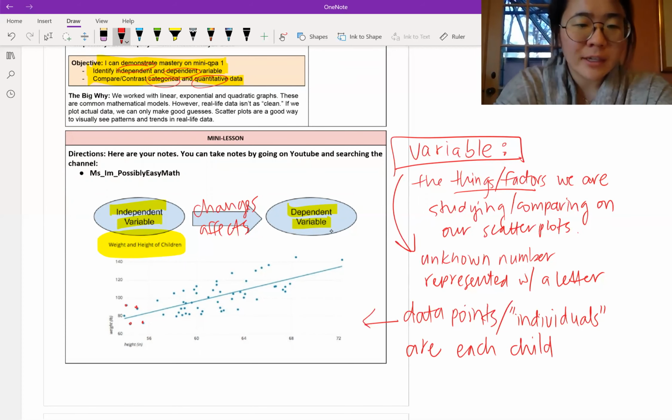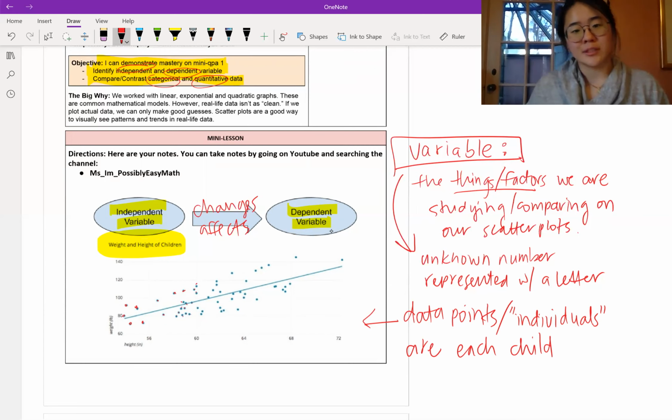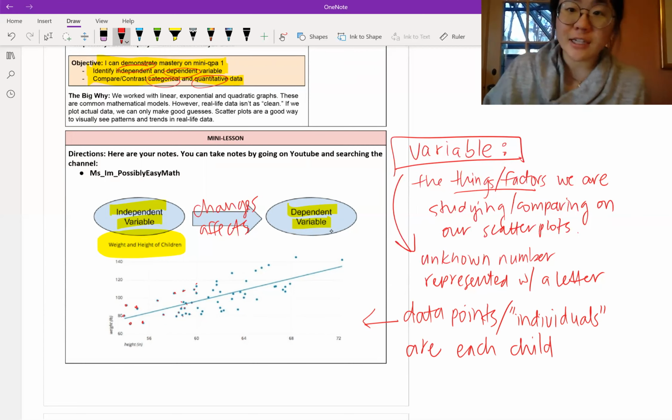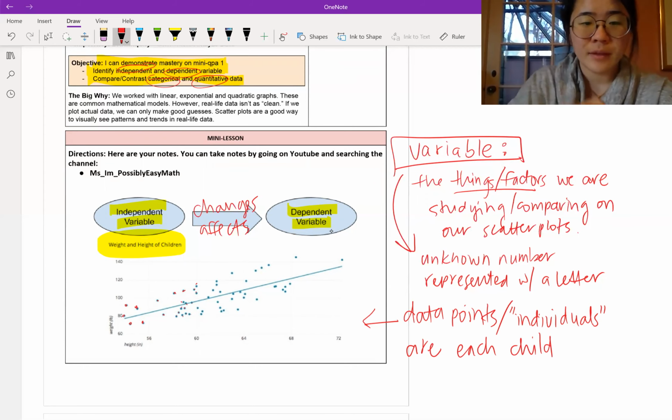So we're saying that each dot is a data point or information about one person or one child. So there's a lot, right? You can see that there's many data points that we found. So for each child, we measured their height and their weight.